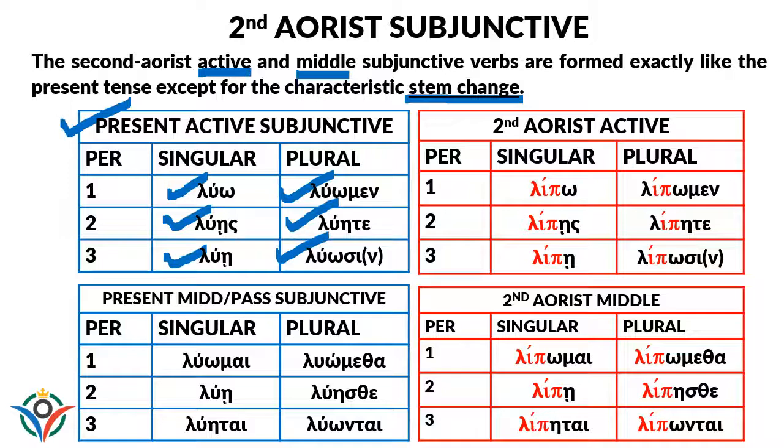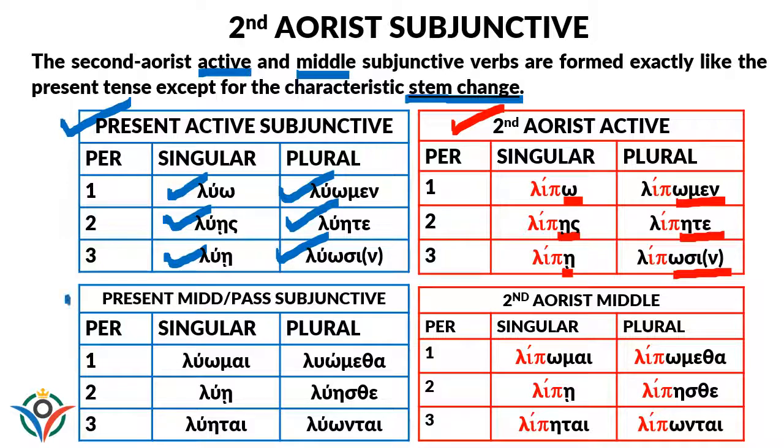But now for the second aorist active, you can see there that we have the exact same primary active endings, the o, the ais, the ai, the omen, the ete, and the osin. The only difference is that in the second aorist we have the stem change. That's why instead of using lu, we once again use lip to remind ourselves of the stem change that takes place.